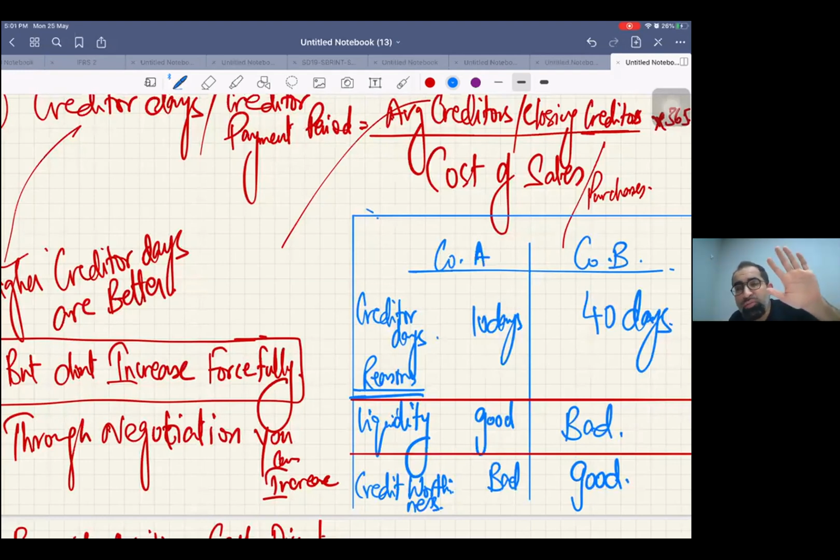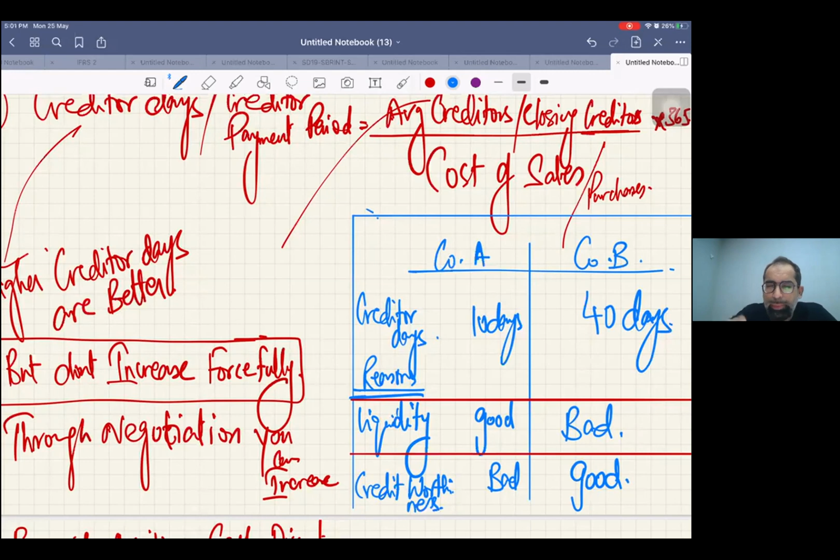You just have a piece of paper, that financial statement, and you are doing commentary. So you have to use language like maybe, can be, could be, this may be possible. In this way we comment. Okay, right? Now company A has creditor days of 10 days and company B has creditor days of 40 days.